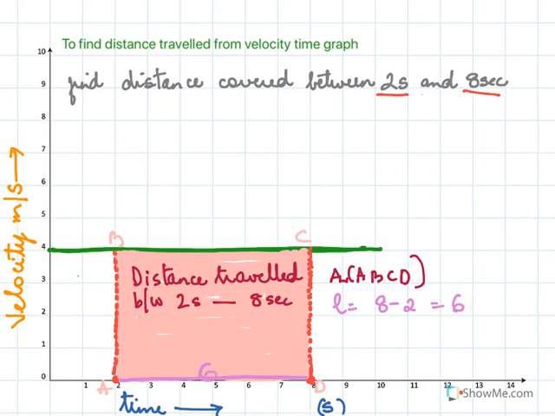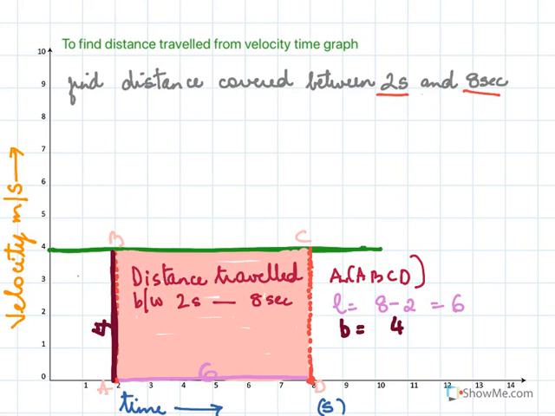And the breadth would be this here. I'll mark it darker. This would be the breadth, and we know the breadth is 4 units.